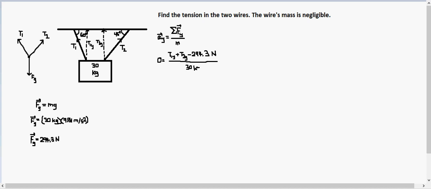We multiply this by 30 kilograms, and 30 times 0 is 0. So we get T1y plus T2y, then if we add 294.3 to both sides, we get T1y plus T2y equals 294.3 newtons.